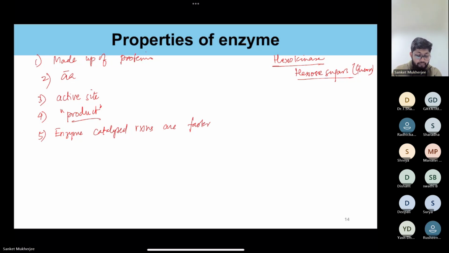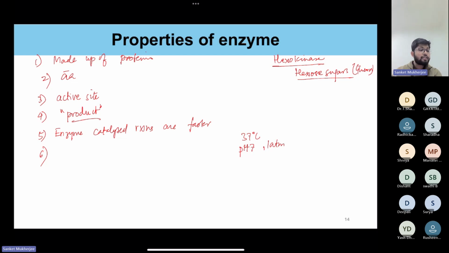And then another important thing that enzymes do, especially in physiological systems, is that generally a reaction which cannot happen in a physiological system at temperatures like 37 degrees, at pH 7 and 1 atmospheric pressure, reactions which cannot happen at this kind of a stage because they require a higher amount of energy, those reactions are possible due to the action of enzymes.